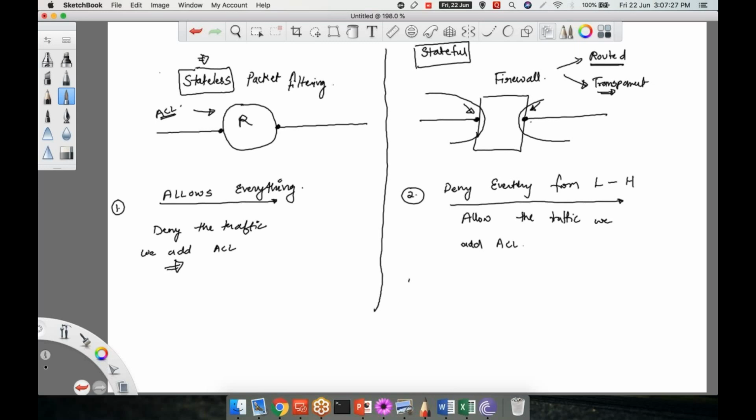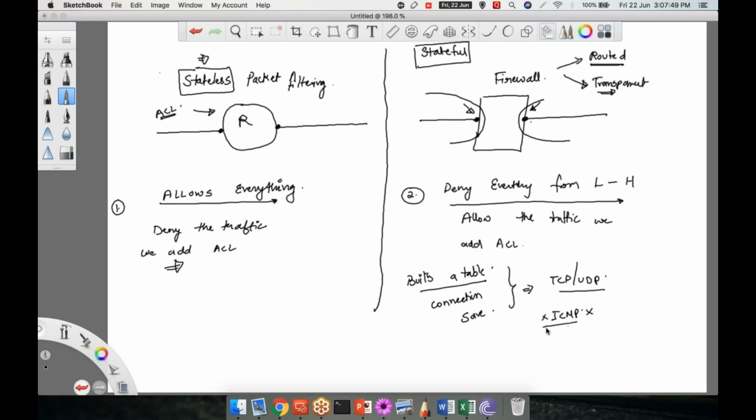Stateful builds a table which we call a connection table, where the data will be saved about a connection. But this connection table is only with respect to TCP as well as UDP. It has nothing to do with ICMP.